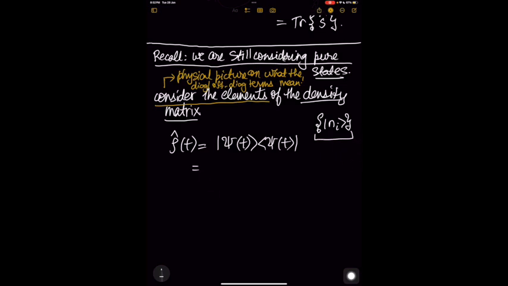So using the resolution of identity criteria, I insert an identity here first and an identity here, and then I expand in the basis n sub i. But of course, you have to use a different index for both of the expansions. So here I would use n sub i, and then here I can use n sub j.